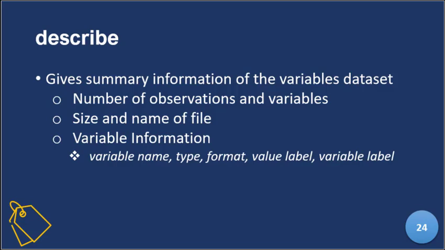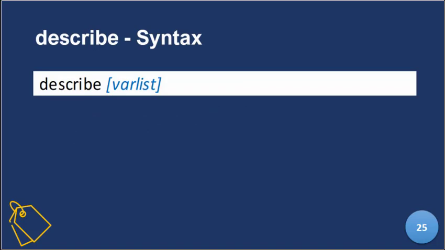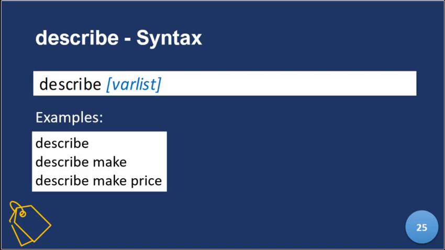So let's move on. You see it says describe values, which means it could be more than one variable or all. And if that value is in square brackets, it means if you exclude it, it will describe for the entire data set. So these are examples of how that command can be used. You can just type describe, which will just do the entire data set.